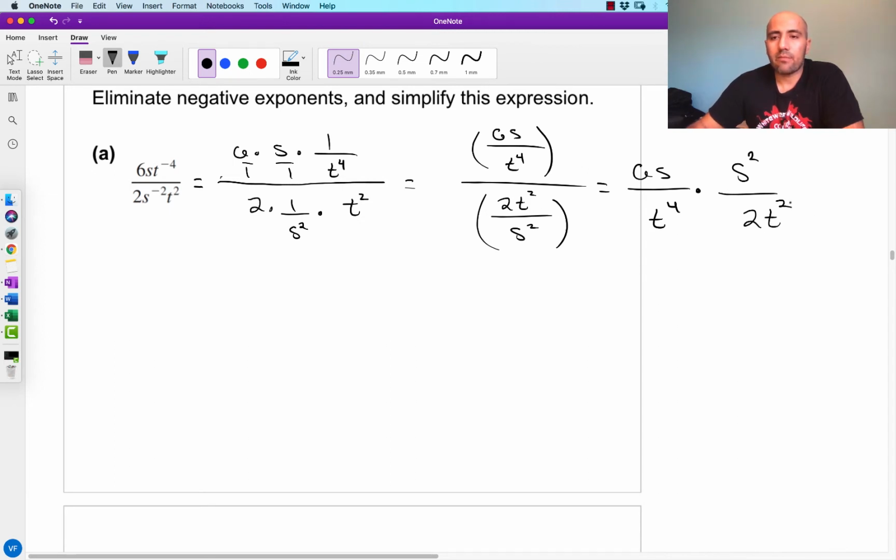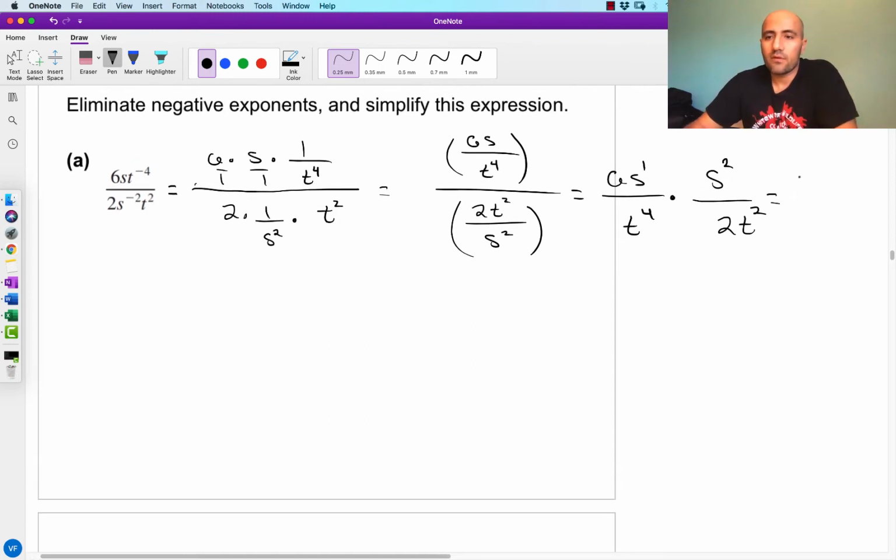Good. And then we combine like terms, and we have an s to the power of 1 here, s to the power of 2 there. We know that that's going to be equal to 6s to the power of 1 plus 2. We add them. And then here we have a t to the 4th, a t to the 2nd.